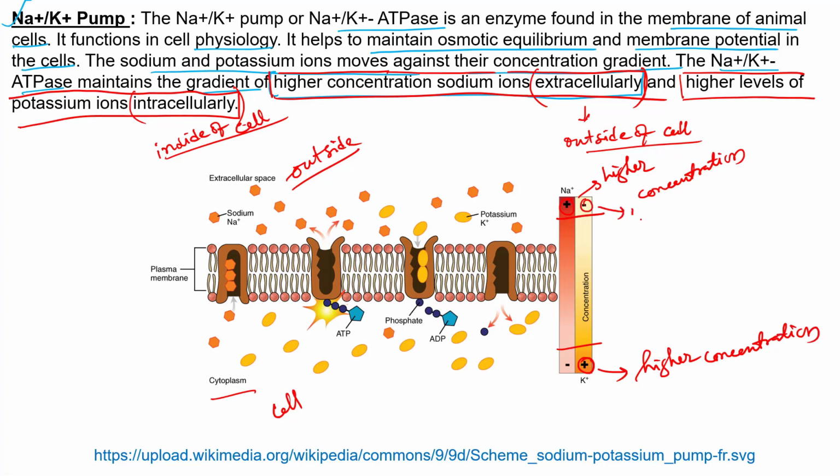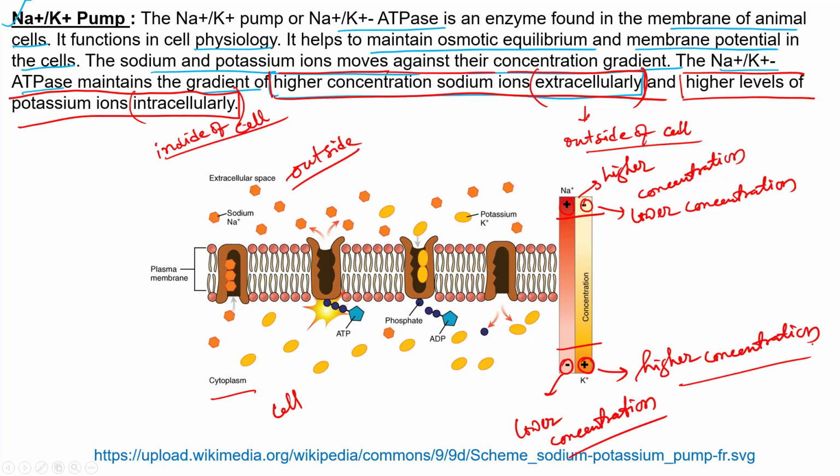Negative means lower concentration. So from this diagram itself, it is very clear that sodium ion concentration is always higher outside of the cell, and potassium ion concentration is always higher inside the cell.